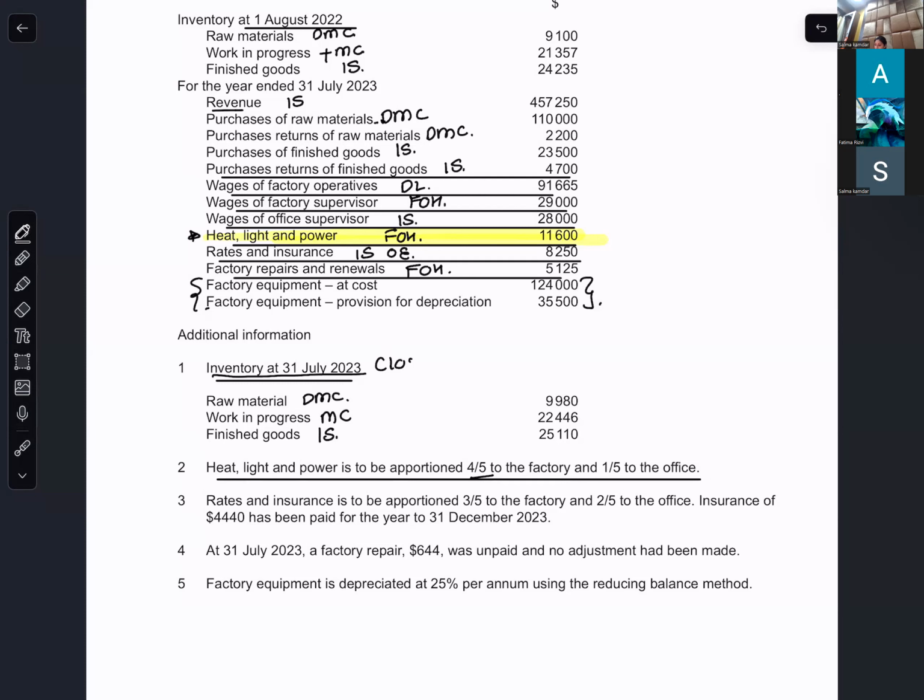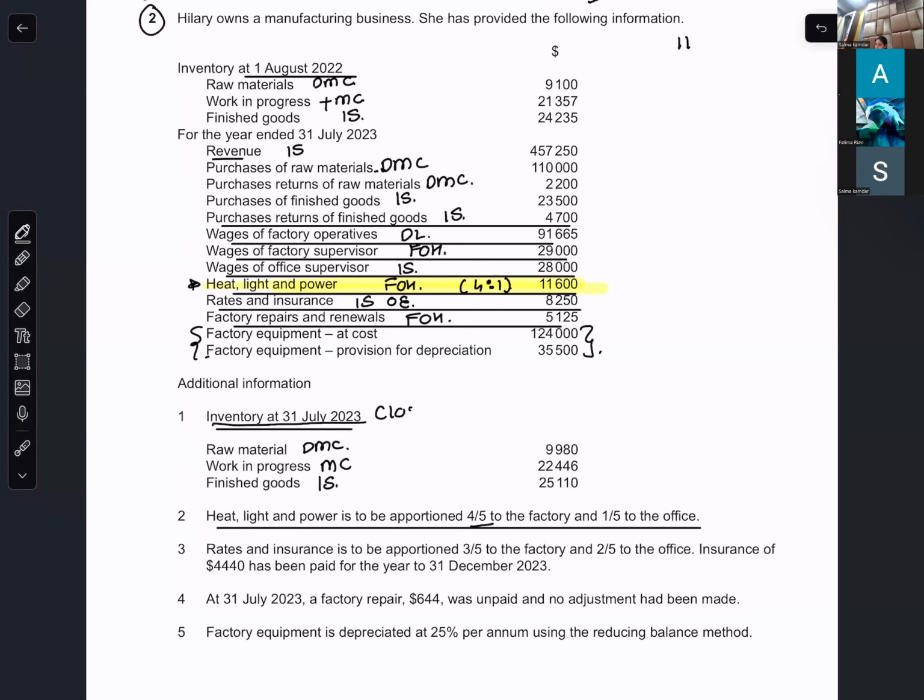Heat, light, and power is to be apportioned 4/5 to the factory and 1/5 to the office. So 4/5 of heat, light, and power is included in the factory overheads, and 1/5 will go to the income statement, other expenses.